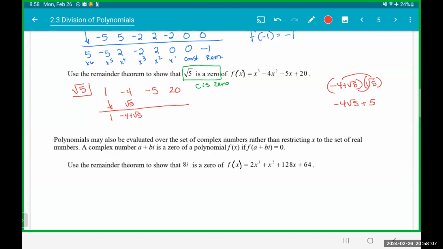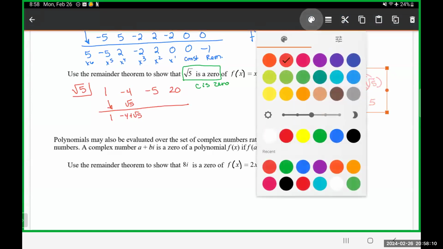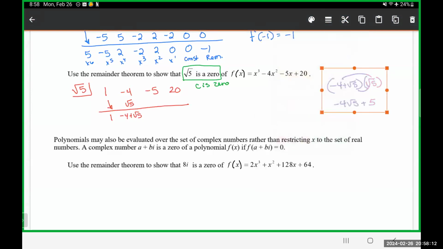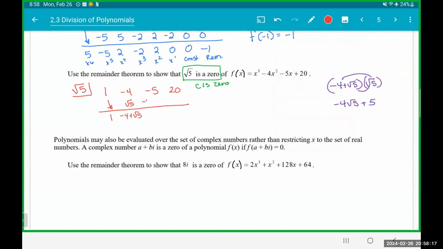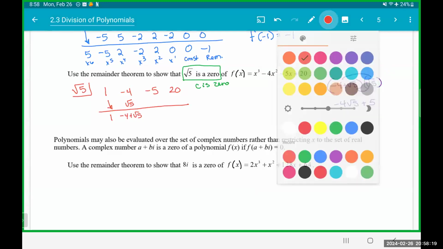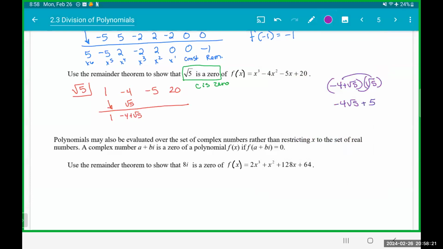I want this to be -4 square roots of 5 plus 5. You can see I have a positive 5 and a -5. Those are going to cancel out with each other. That's going to give me a -4 square roots of 5.